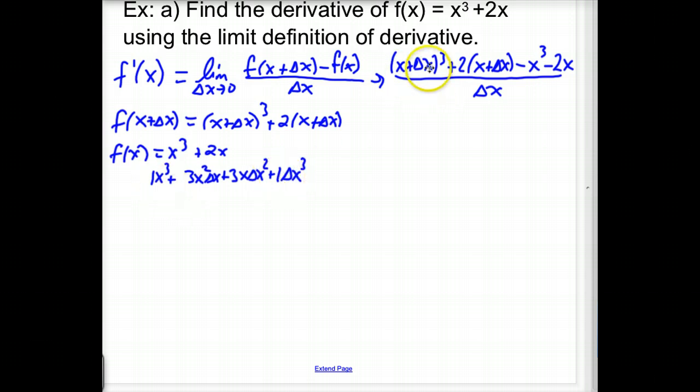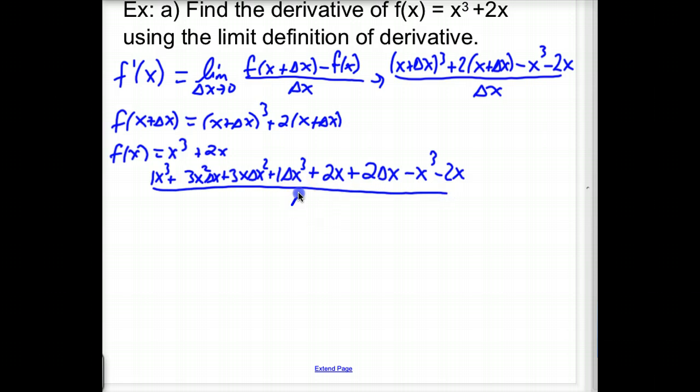So that is this. And then I'm going to distribute the 2x plus 2 delta x minus x cubed minus 2x. And that's still all over delta x. Simplifying, this x cubed cancels with this x cubed, and this 2x cancels with this 2x.